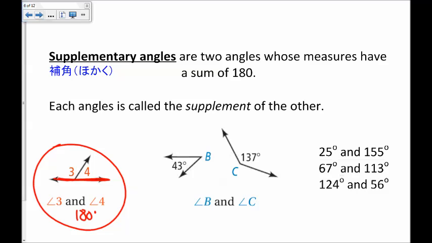In this picture, 43 plus 137 equals 180 degrees, so angles B and C must be supplementary. Similarly, each of these pairs have angle measures that add up to 180 degrees, so they are supplementary.